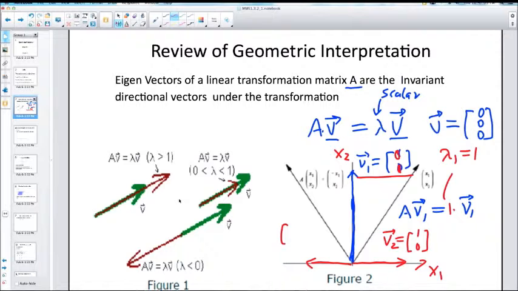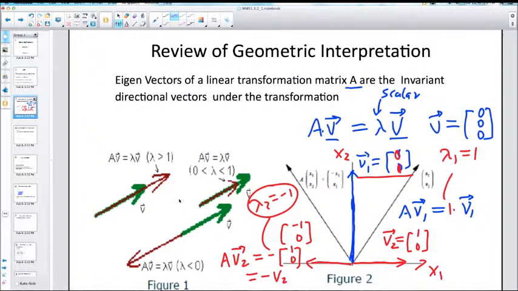And it will be negative 1, 0. So we have this A times V2 equals negative V2. So you realize that this lambda 2 equal negative 1 is the second eigenvalue. That's an example. You have two eigenvectors. So it's very nice. Let's look at another example.